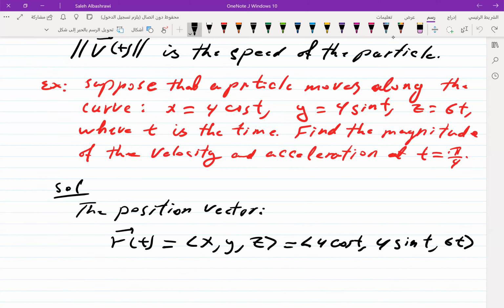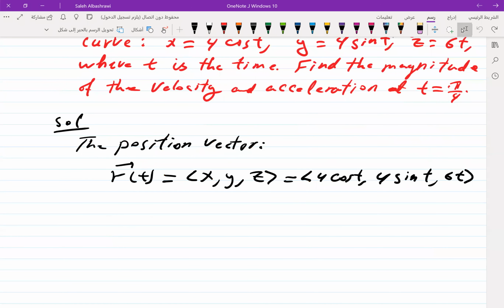So this is the position vector. We need to find the acceleration and velocity first, then we can find the magnitude at the given time t equal to pi over 4.